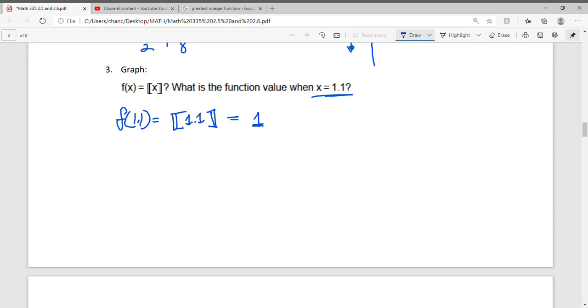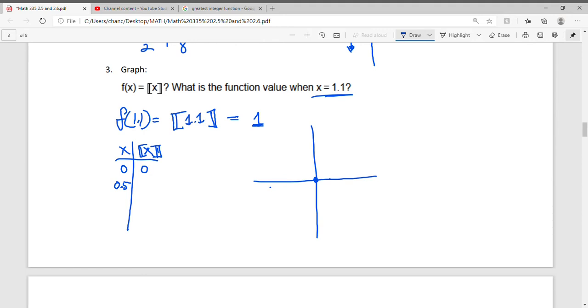Now to graph this function, we'll make a table. I'm going to start with 0. Let's plot that. It's an easy value to use. At 0, the greatest integer of x at that value is 0. Now let's try 0.5. The greatest integer that's equal to this or less is still 0.